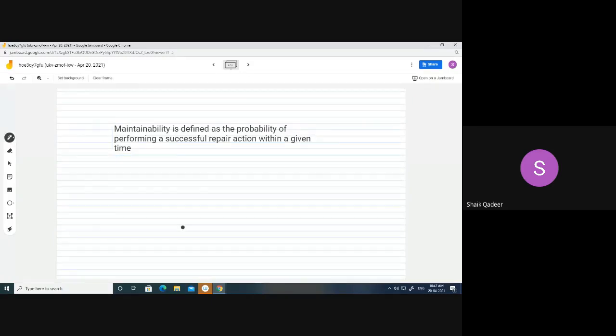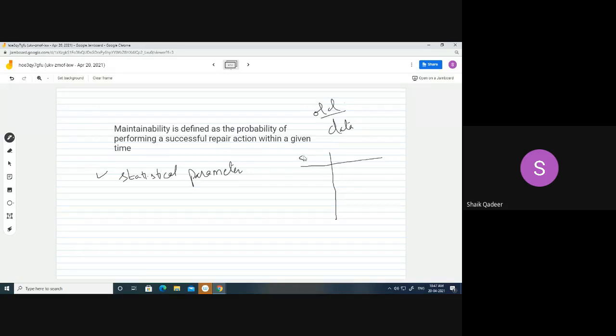So this is actually a statistical parameter. In order to calculate this, we need to have a set of data, a history of previously taken data. Old data should be available.